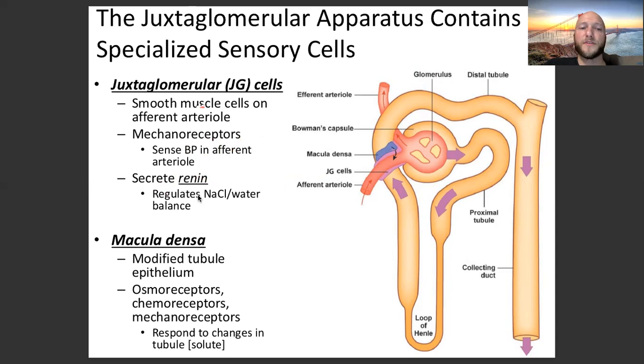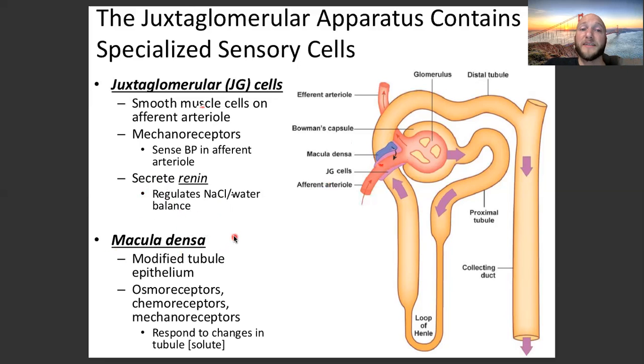And they will secrete renin, which is a hormone, which we'll talk about later on in this lecture, which helps regulate sodium chloride salt levels and salt and water balance. Remember, blood volume is the long-term control of blood pressure. And so when these JG cells detect blood pressure, they secrete renin to help stabilize it long term.